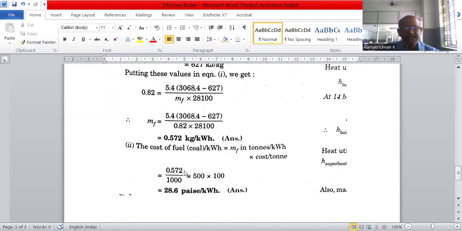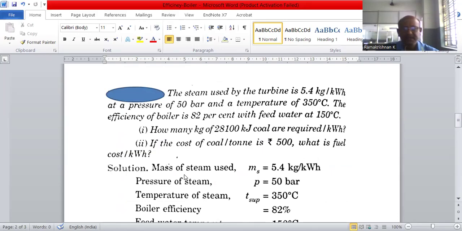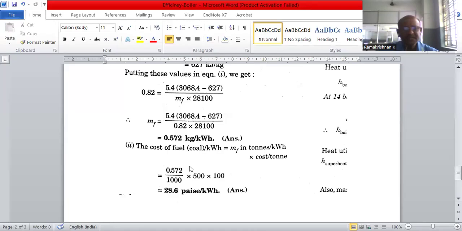The second question is to find the cost of the fuel per kilowatt hour. In the question itself, it is given that for 1 ton, the coal cost is 500 rupees. That is, for 1000 kg, the coal cost is 500. But we have to calculate the fuel cost per kilowatt hour.